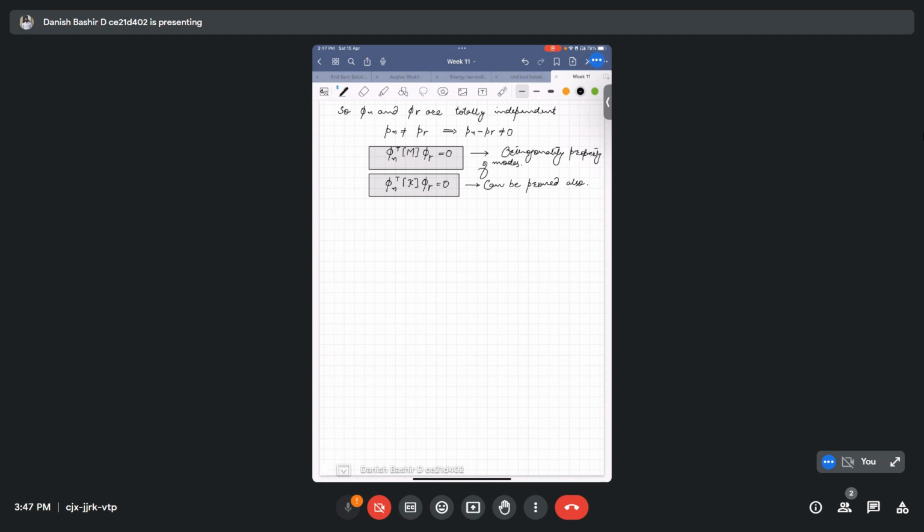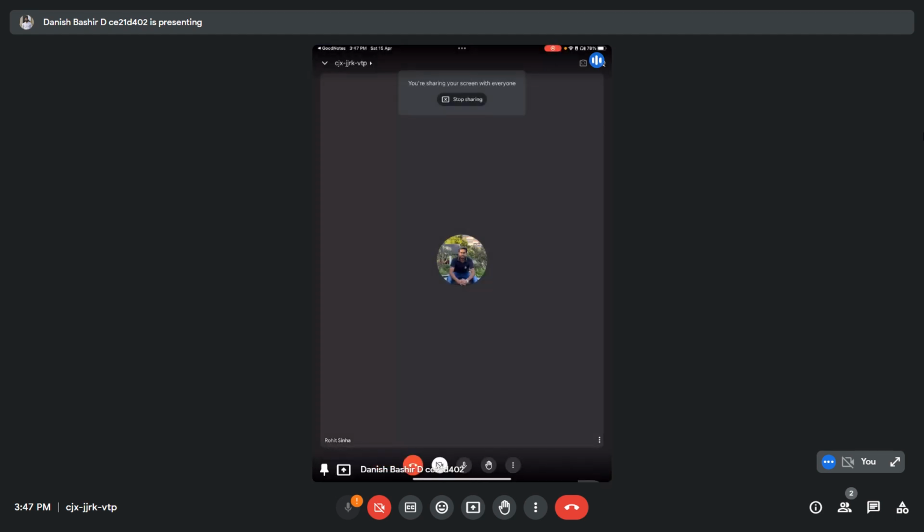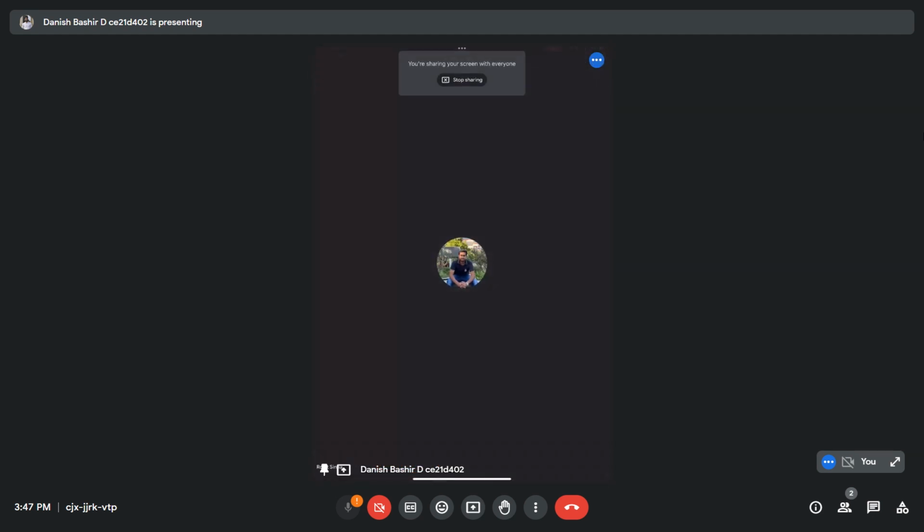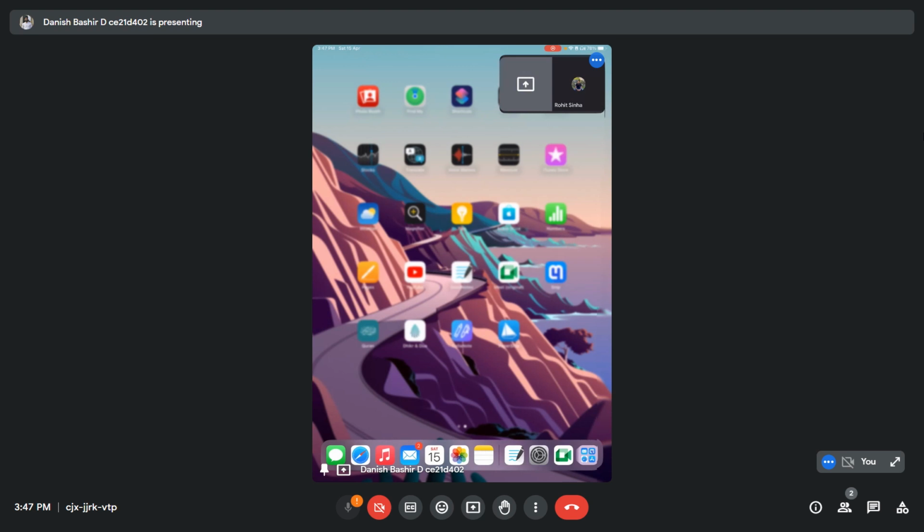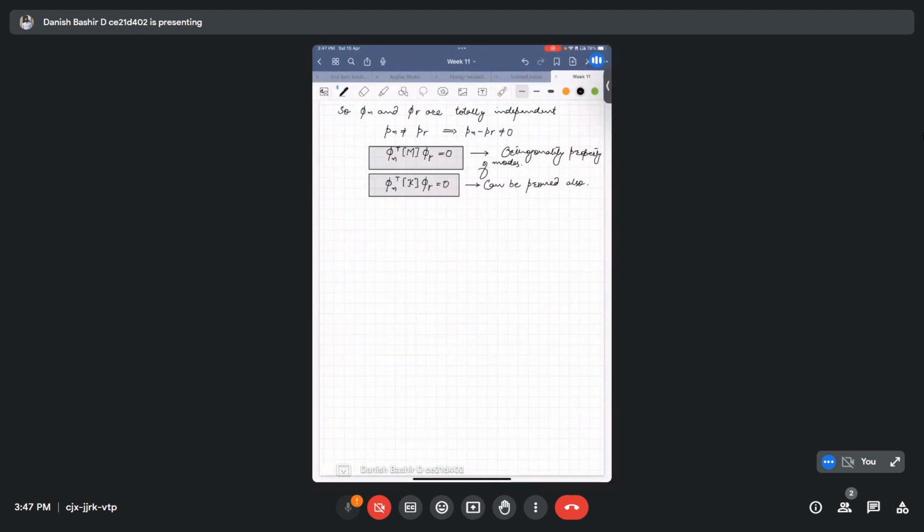So I proved that phi n transpose m phi r or phi n transpose k phi r is equal to 0. But it's just a mathematical formulation. So what if anyone asks you what it actually means? So what actually is modal orthogonality?